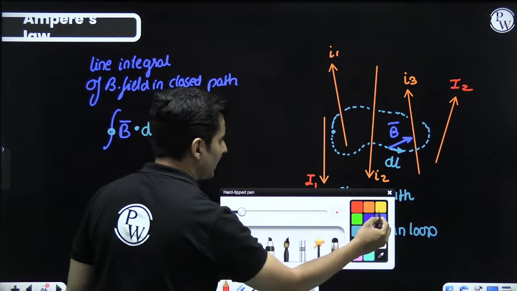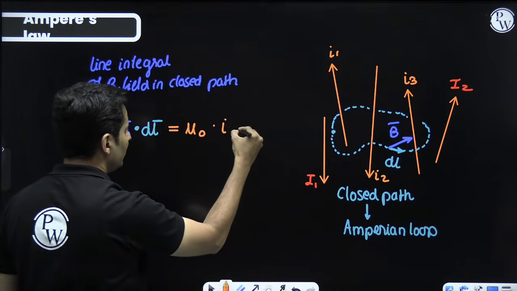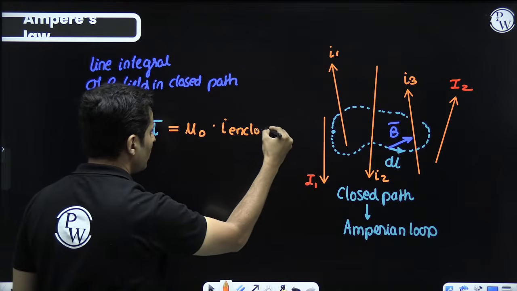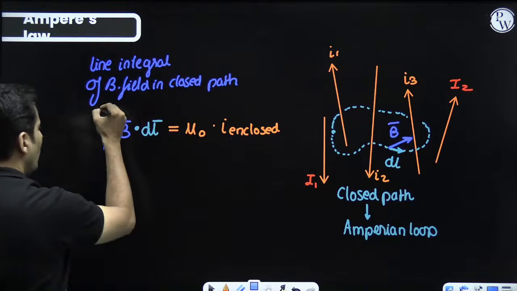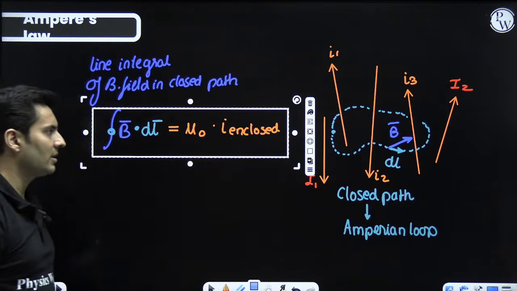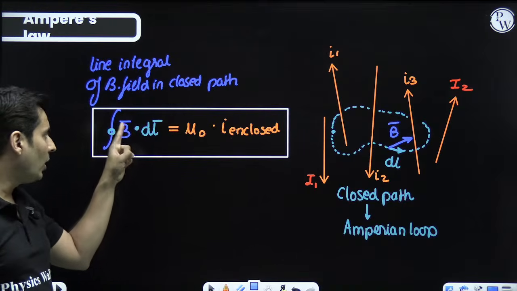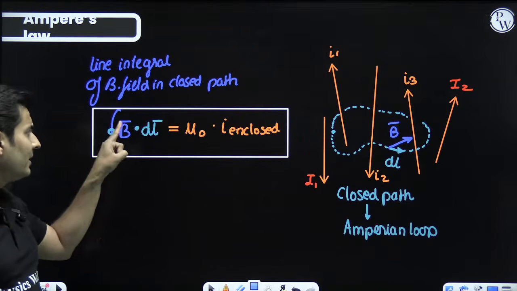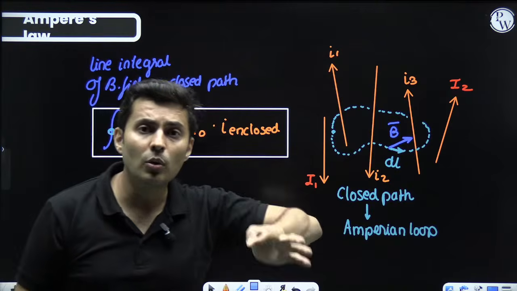So that comes out to be equal to mu naught into the inside or enclosed currents. That's it. That is called Ampere's law. Instead of flux, which is E dot area, here your magnetic field dot length is mu naught into the enclosed current.